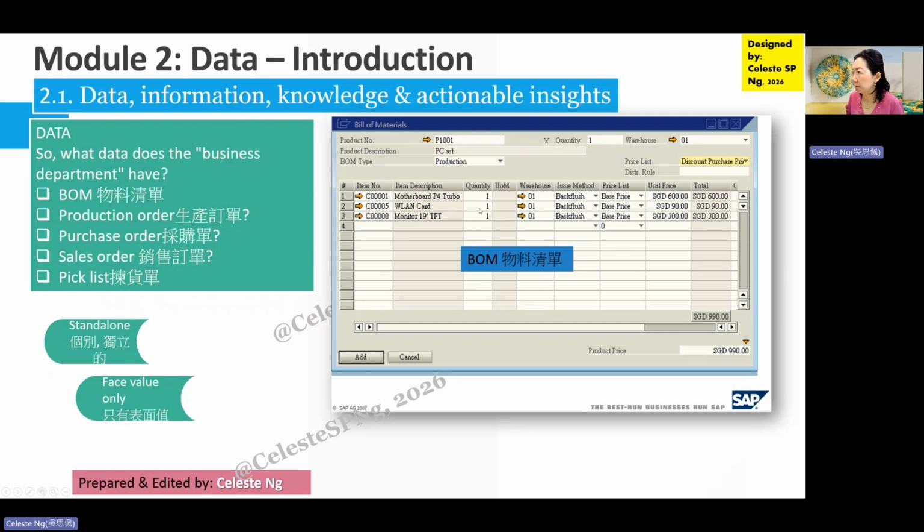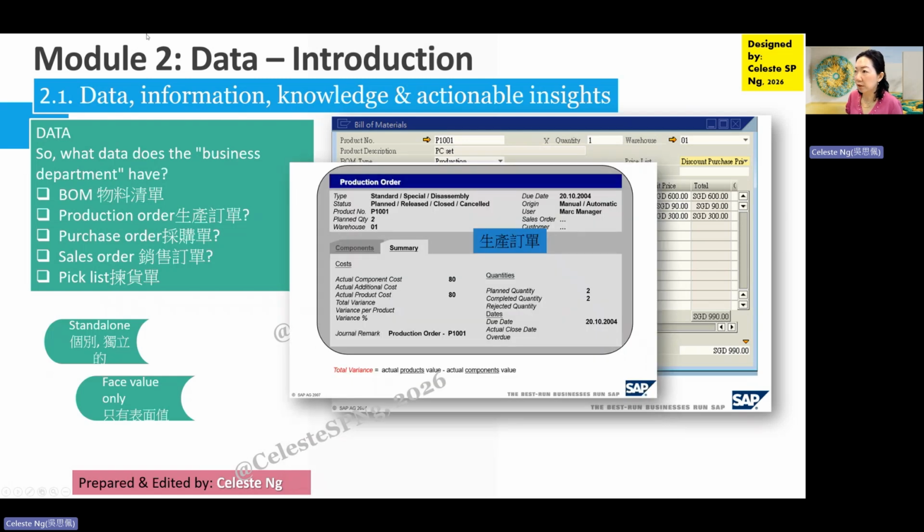It describes our finished product, for example P1001. In order to create this finished product, we need a list of materials. This list of materials is required in order to build this finished product, so this is the bill of material, just telling us what is required. This is typical data that we collect in an organization.